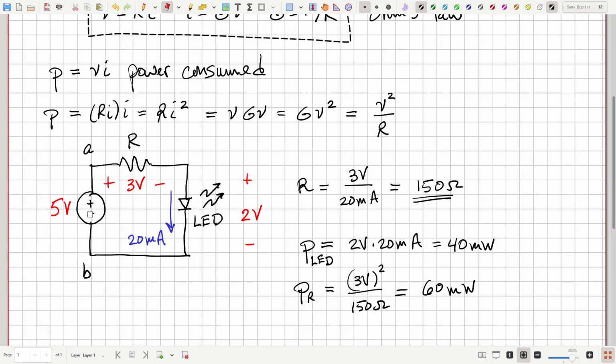Of course, then, by the conservation of power, the voltage source must produce the sum of these, which would be 100 milliwatts. And of course, that would be 5 volts times 20 milliamps, which is 100 milliwatts.